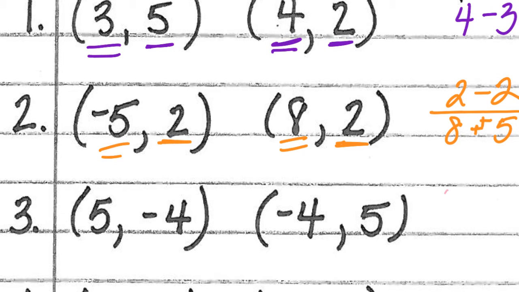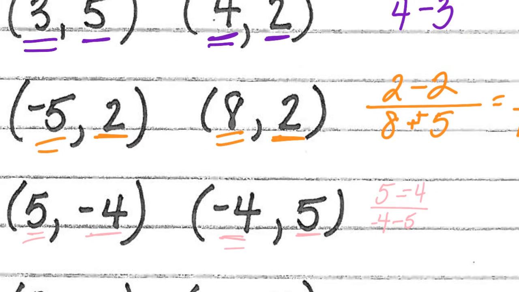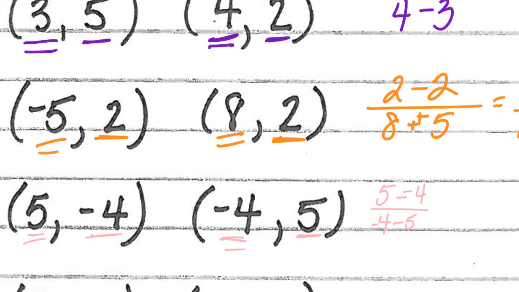If I have 5 minus a negative 4, over negative 5 minus a negative 4, and negative 4 minus 5, I end up getting 9 over negative 9, which is equal to negative 1.